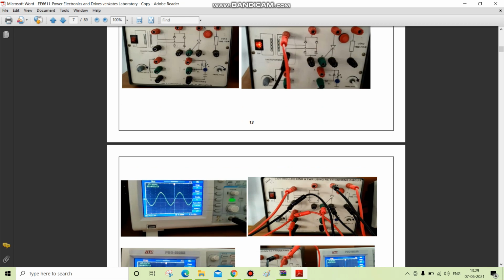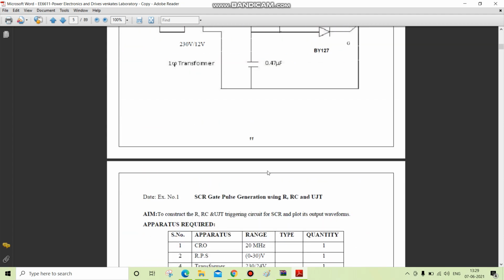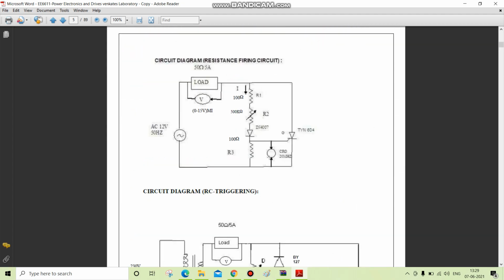For this resistance triggering we are using a simple resistance triggering circuit, that is the resistance R, which limits the current to the gate of the SCR, and R2 is the variable resistance added to it. From the circuit diagram we can see we are using R1, R2 and R3.